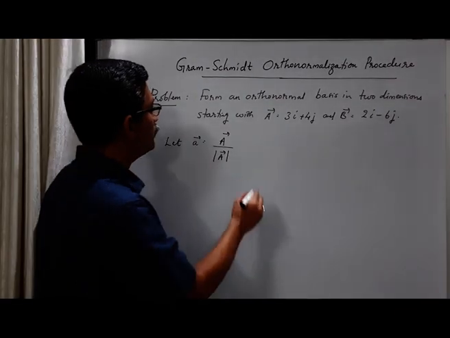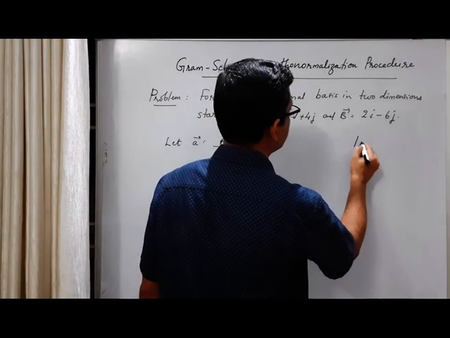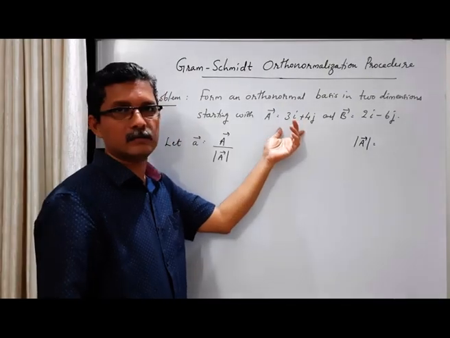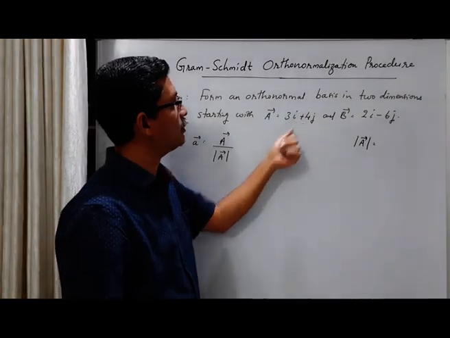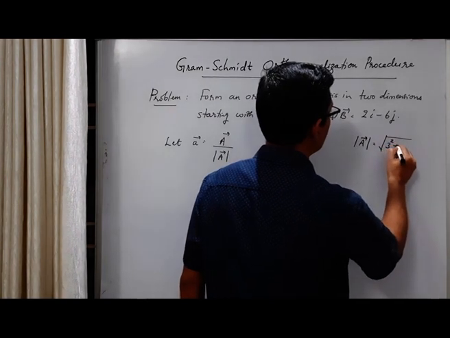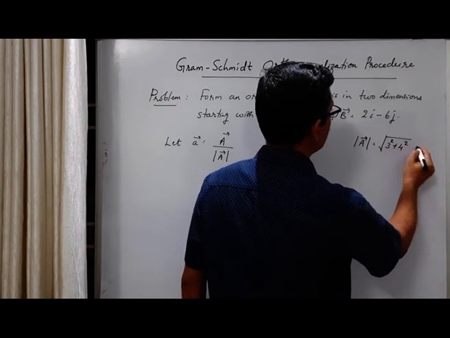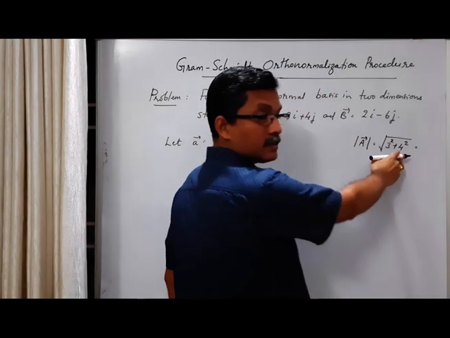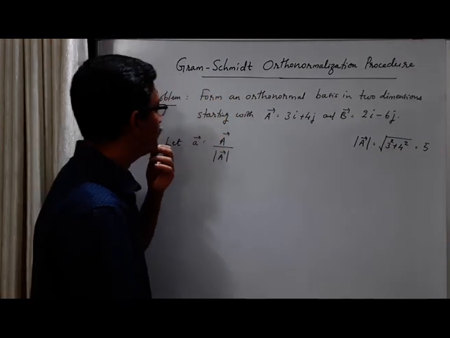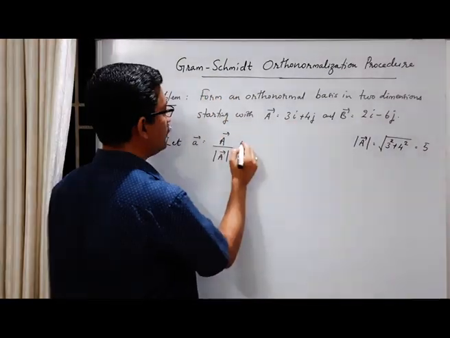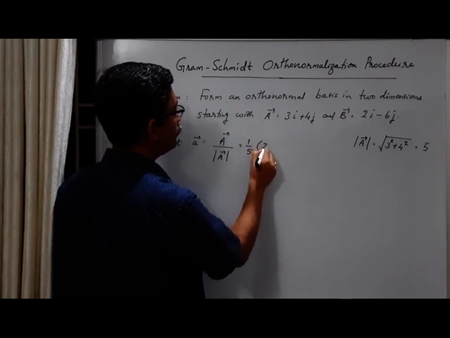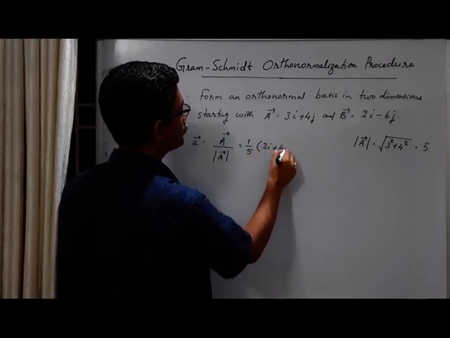So what is the norm of vector A? It's a 2-dimensional vector, so it's very easy. Square root of 3 square plus 4 square, which is square root of 9 plus 16, square root of 25, which is 5. So mod A is 5, and we divide this by 5. So this is equal to 1 by 5 into 3i plus 4j.